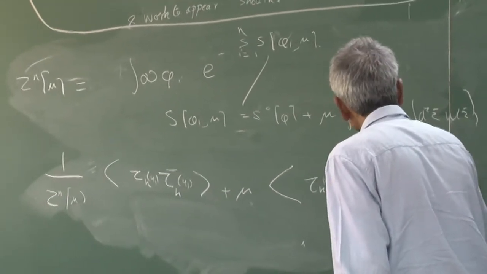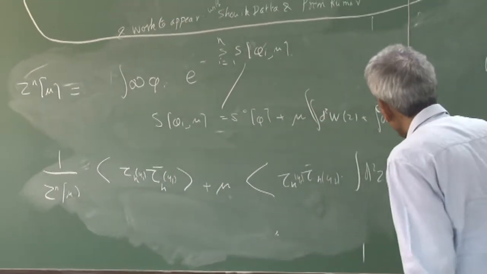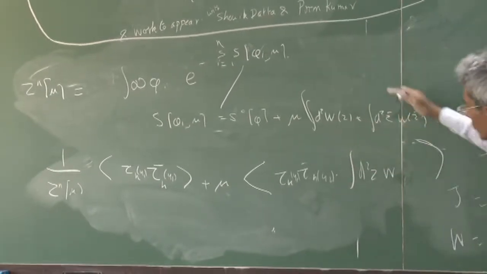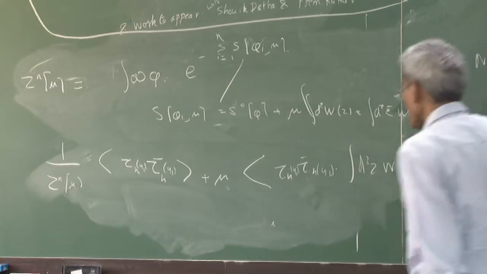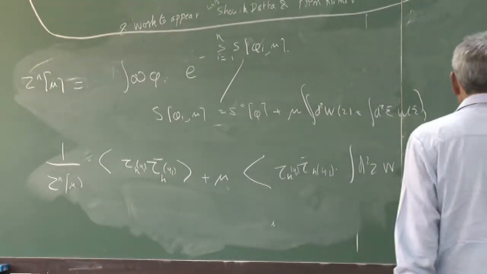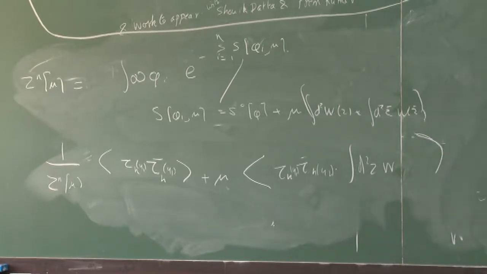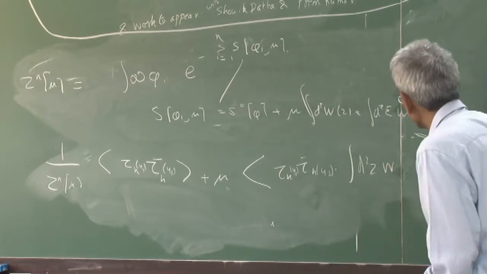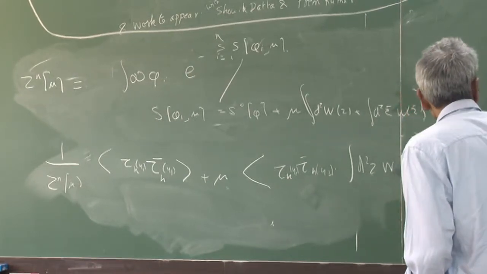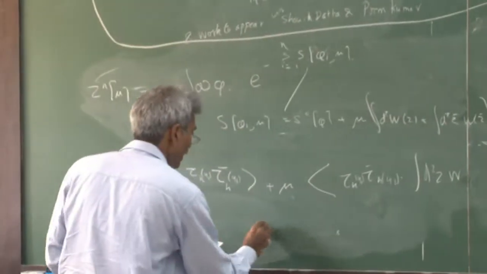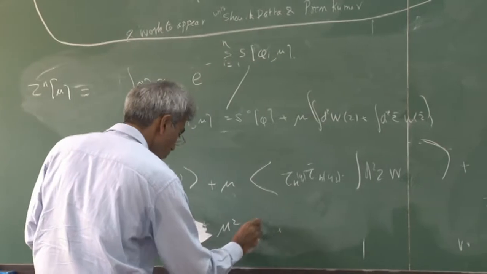The single current is brought downstairs, meaning this is in the exponential, so I'm bringing it down perturbatively. There's a first term, and of course there's an anti-holomorphic version of that, with the W-bar, and of course there is this other piece, the mu squared piece.